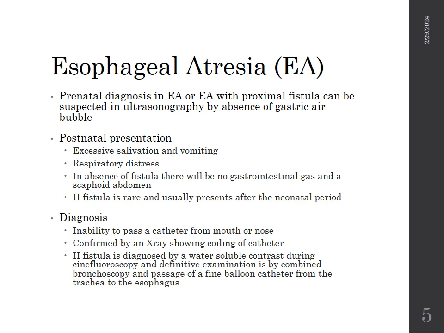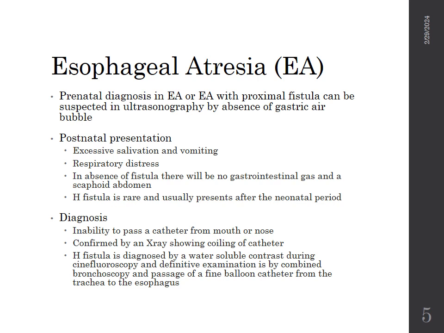We can suspect a case of esophageal atresia or esophageal atresia with a proximal fistula when there is no gastric air bubble. In postnatal presentation, the most common is excessive frothy salivation at the mouth of the baby and maybe vomiting. There will be respiratory distress in most of the cases.